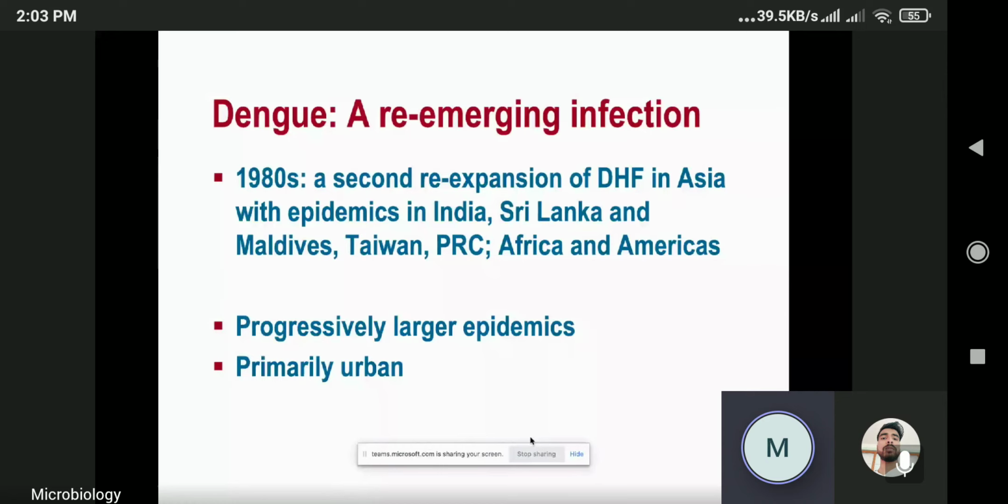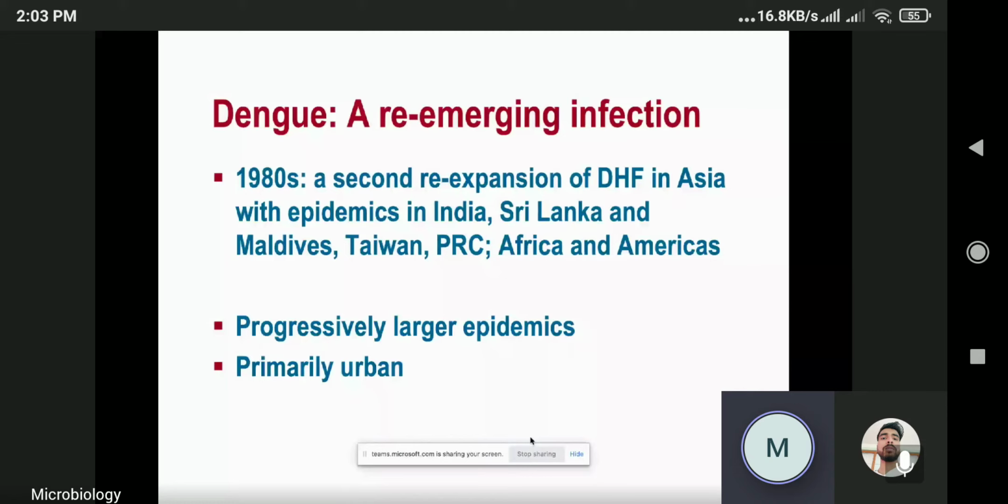In those areas the water gets stored during the rainy season, and there is rapid production of Aedes mosquitoes, and these Aedes mosquitoes are the vector of dengue. So that's why dengue infection is primarily a disease of urbanized areas.